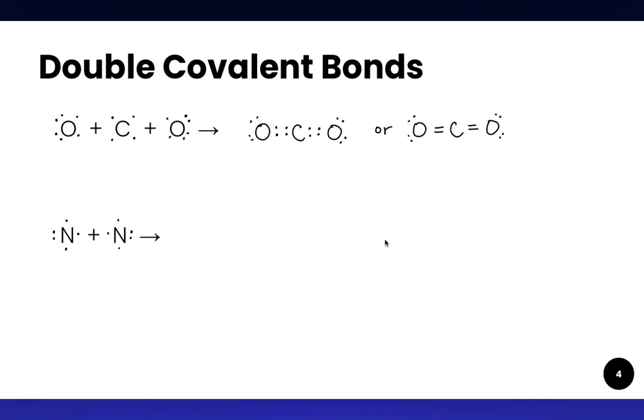If you guessed correctly, you would have said that the nitrogen atoms form a triple bond, where they are sharing 6 of their valence electrons, and each one has a single lone pair on it. You could also write it this way.